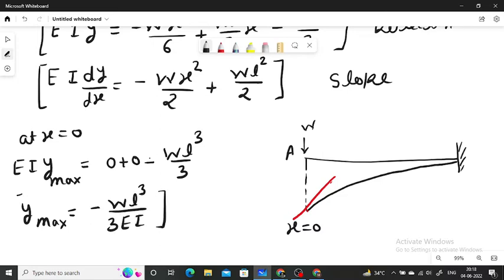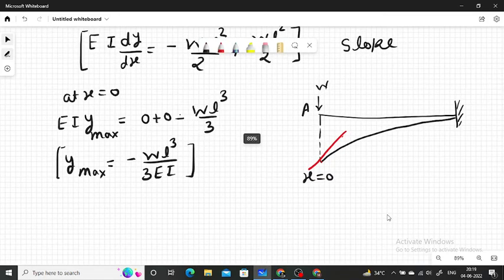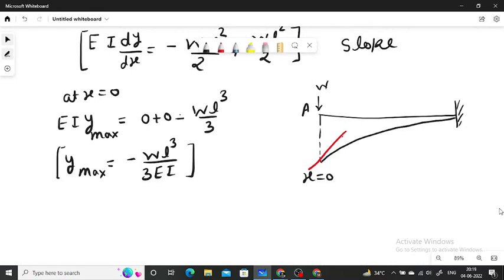So in the case of a cantilever beam having a point load at its free end, the maximum deflection will be equal to minus WL cube upon 3EI. The minus sign shows that the deflection is in the downward direction.